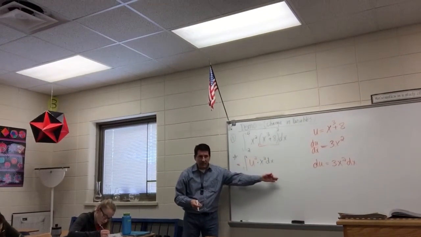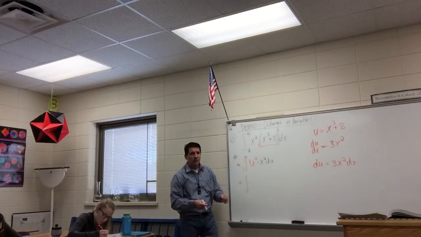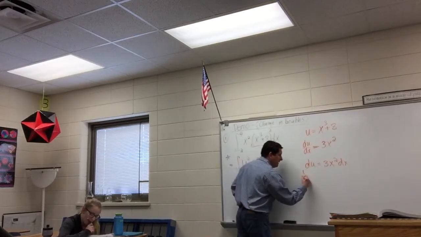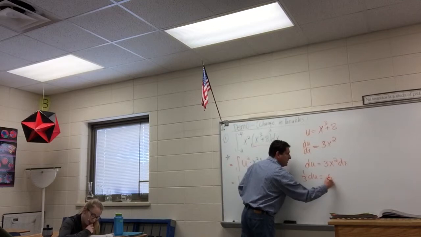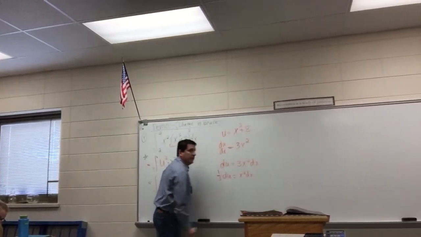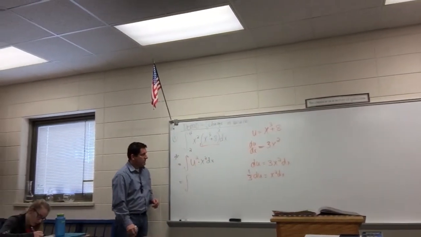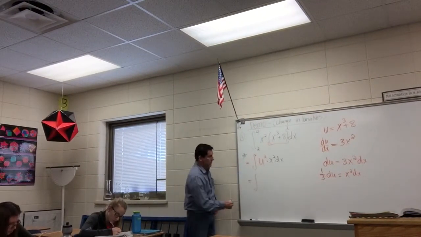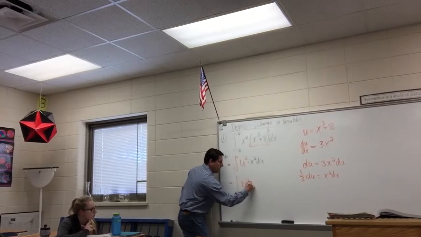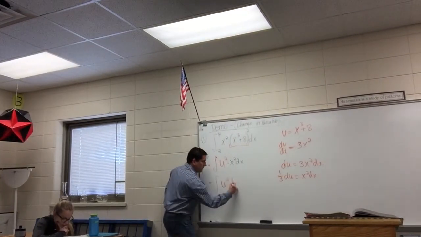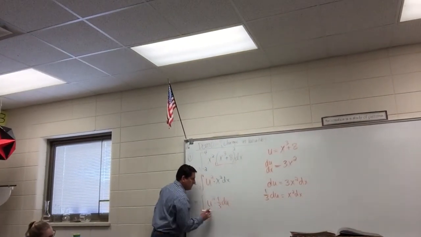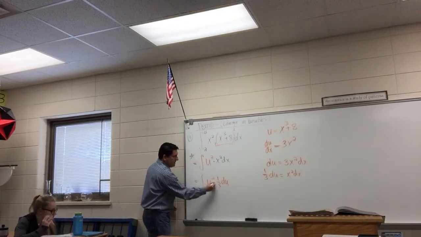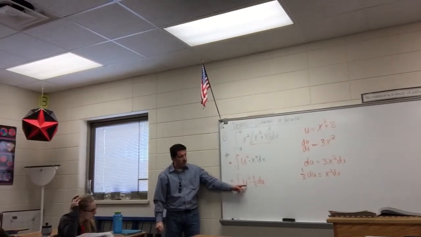And then the final step here is to divide by 3. We've done enough of these now. You're starting to get really familiar with that? Okay. Now I have something I can replace. So I can write this as 1/3 U squared times 1/3 du.